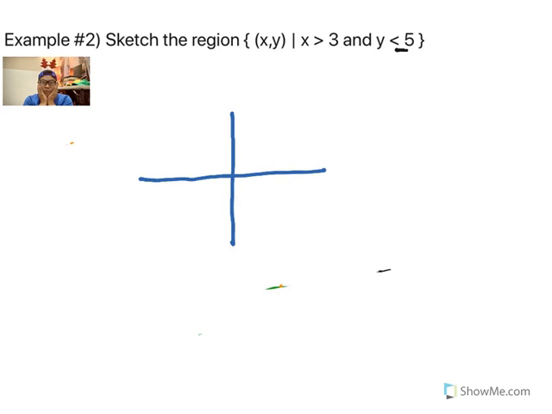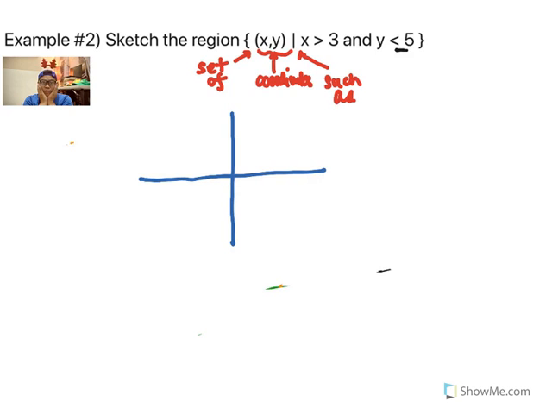You need to be able to read these mathematical symbols. These brackets mean the set of what? Oh, coordinates. Okay, so it's asking you what are the coordinates, and then this means such as.